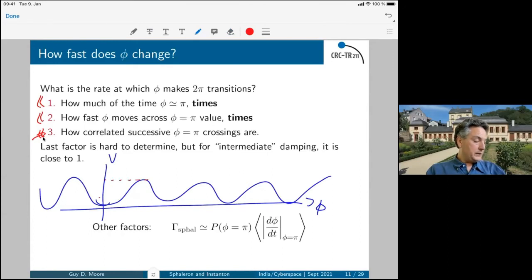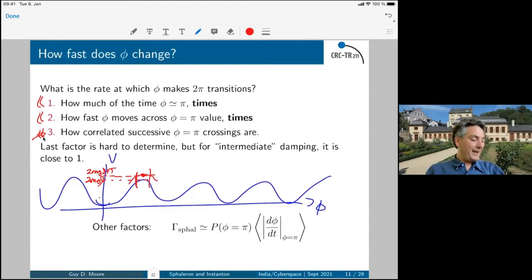here's the energy 2 mgl, and here's the energy 2 mgl plus T. And typically when it goes over the top, it has this much energy. And if that's enough energy to bring it from here to here, then it'll make it over the top without bouncing back and forth.